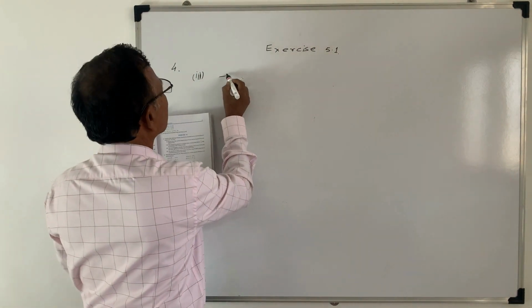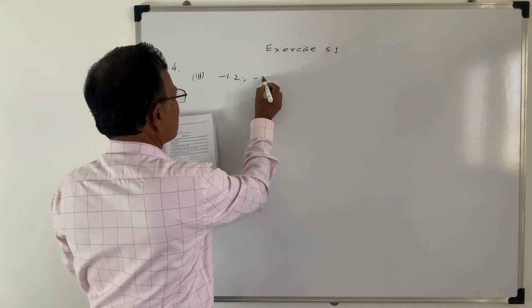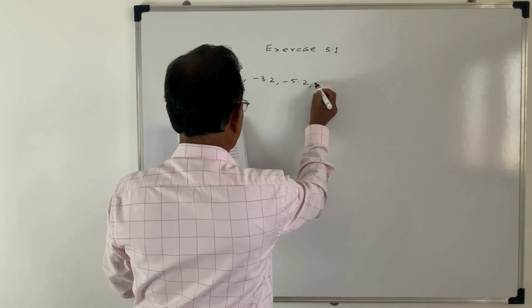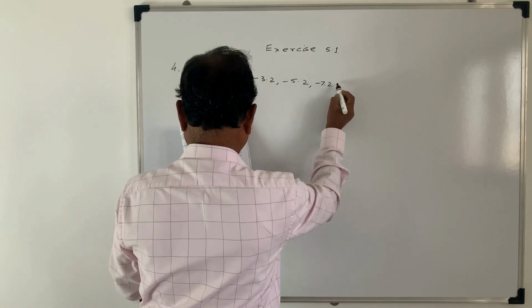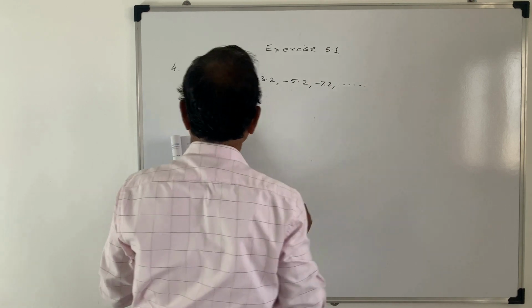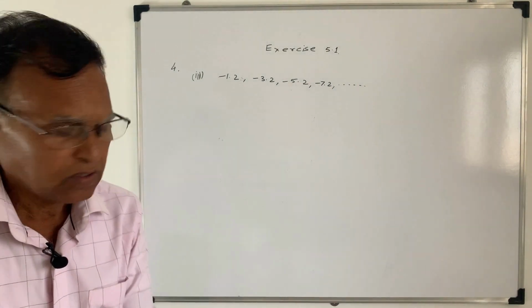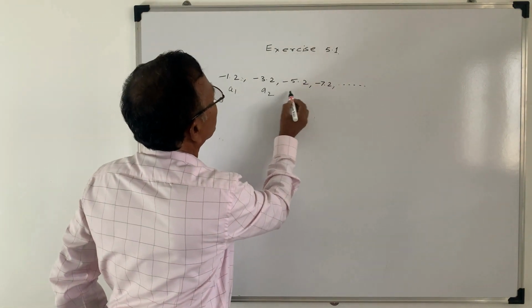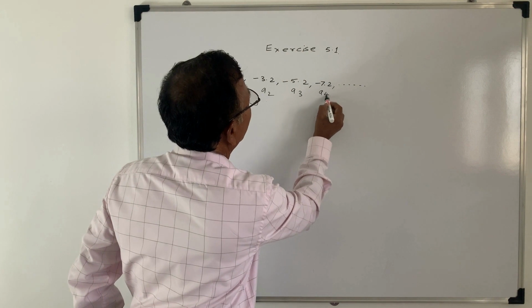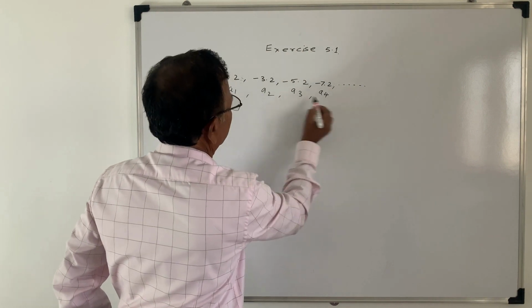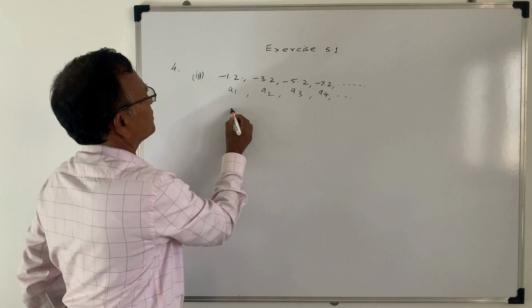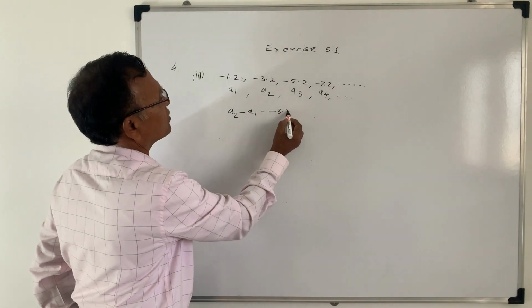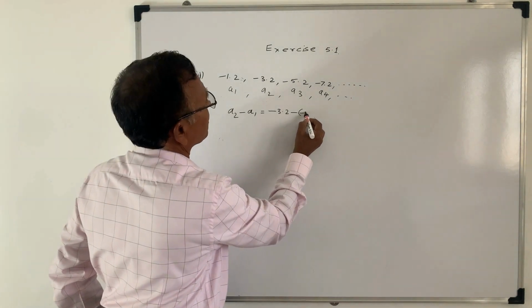थर्ड है -1.2, -3.2, -5.2, -7.2। इसमें भी आप A1, A2, A3, A4 लिख सकते हैं। अब इसमें देखिए A2 माइनस A1 that is -3.2 minus of -1.2.